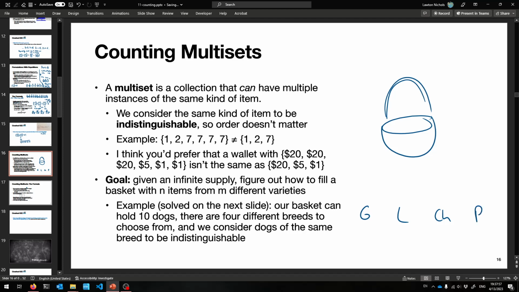So you have 4 different places to choose from, and you can pick some Golden Retrievers, some Labs, some Chihuahuas, and then some Poodles, but it has to add up to 10. And this kind of counting problem can be modeled with multi-sets. All right? So that's the goal, and here is the secret.